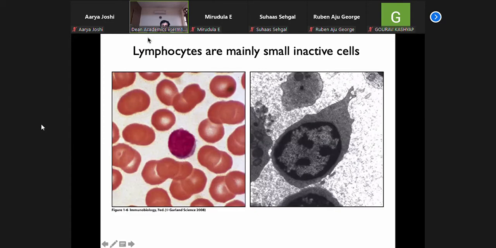Okay, so you have these lymphocytes in which the nucleus covers almost all of it. So there is a very small volume of these cells which does not have this nucleus. These are small cells, and in the inactive stage, they have a very big nucleus.